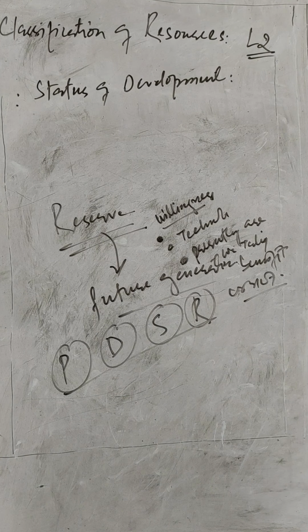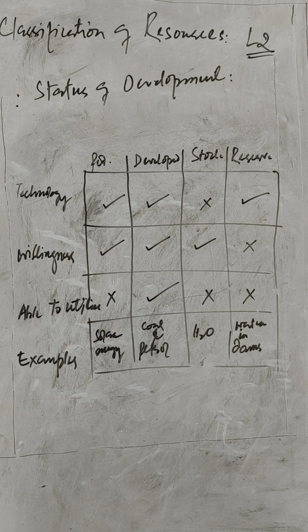So see here, this is the table which makes clear the difference between potential resources, developed resources, stock, and reserve.